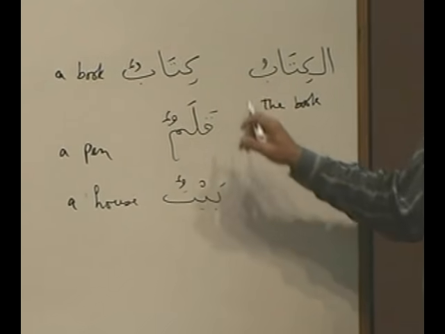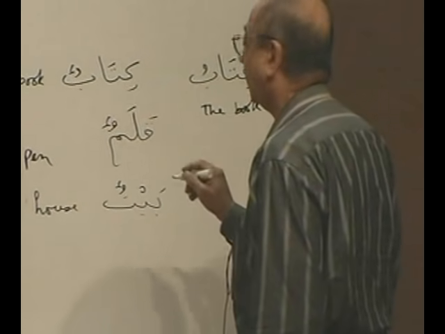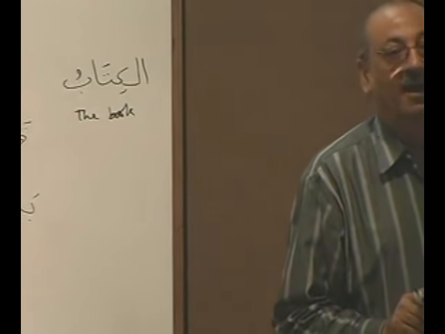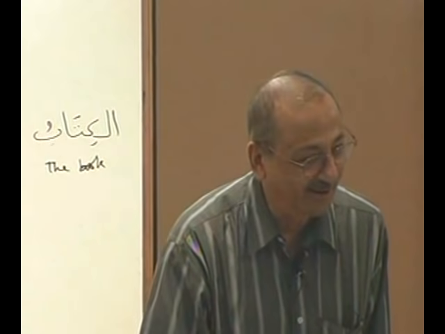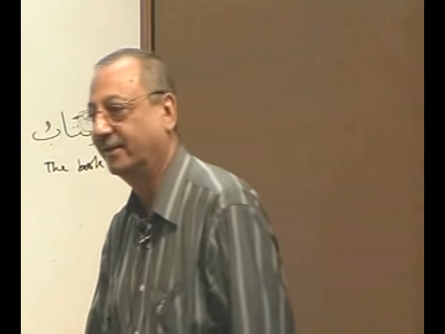Got the idea? Now, if I say kalamun, a pen, I want to say the pen. What will I do? Al-kalamu. But these are the basics. I know most of you already know, but I'm starting from the very beginning in case there is a student who's coming for the first time to learn Arabic, so that he gets some idea, inshallah.